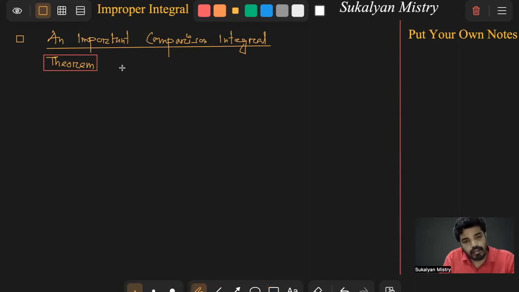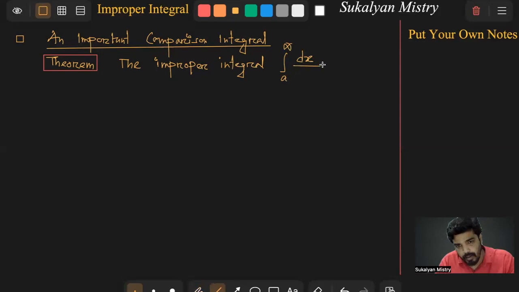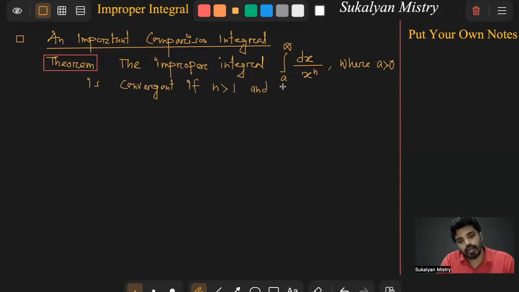The improper integral integration a to infinity dx by x to the power n, where a greater than 0, is convergent if n greater than 1 and divergent if n less than 1.